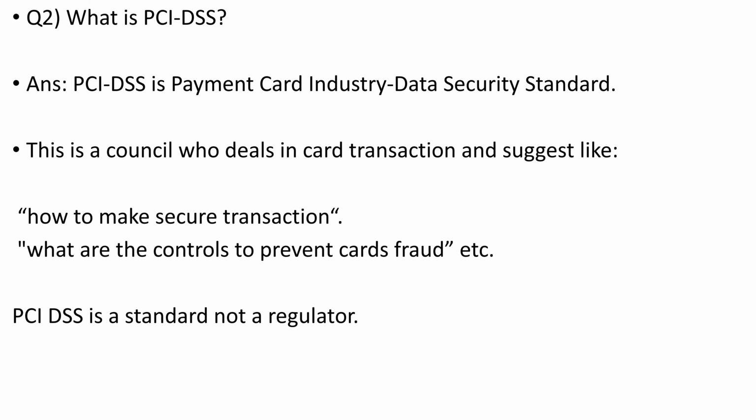Actually, this question is asked by the interviewer to know whether you have any idea of PCI or not, because under governance there are multiple sections like IT, security, and other sections as well. So PCI is also one of the important sections if we talk about the governance part. Payment Card Industry Data Security Standard is the full form of PCI DSS.